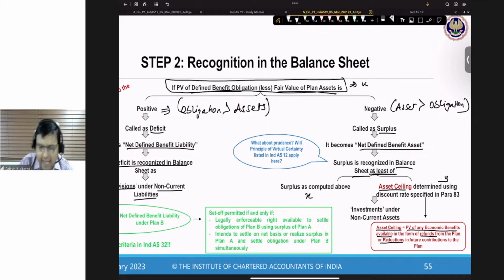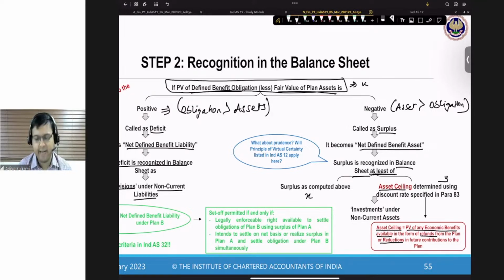Coming to the same concept here, you have made investments to generate economic benefits in the future. The present value of those economic benefits could be in two forms. Either a refund from the plan: you have contributed more, but the obligation was less, so the entity is allowed to draw a refund from the plan. This is an economic benefit to you.